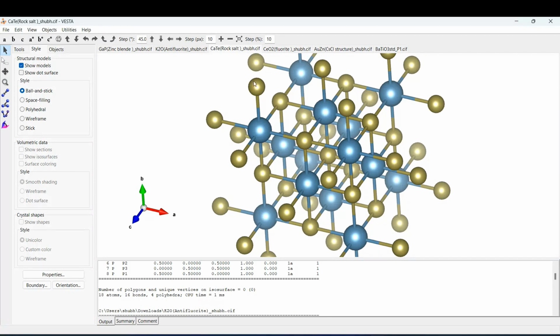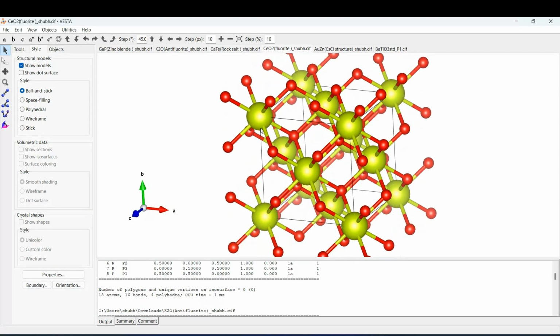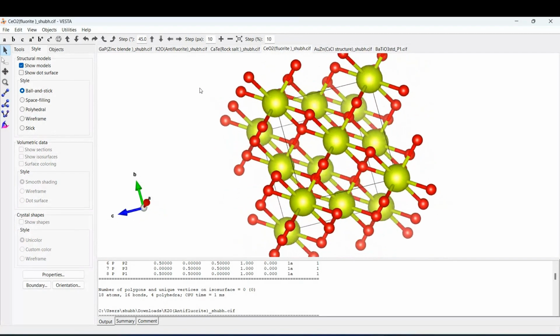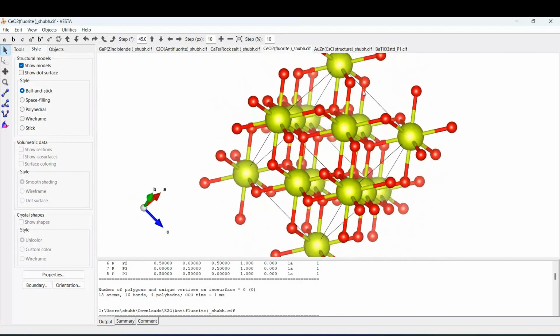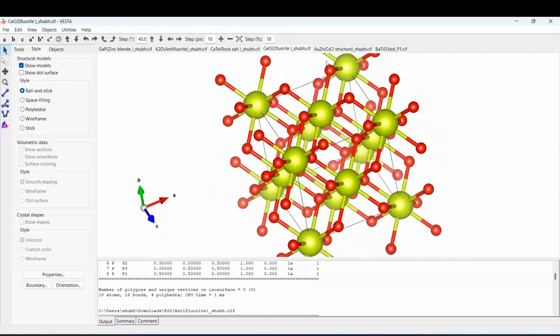And now the fluorite structure. In fluorite, the metal is forming the FCC, and the non-metal is occupying the tetrahedral voids.